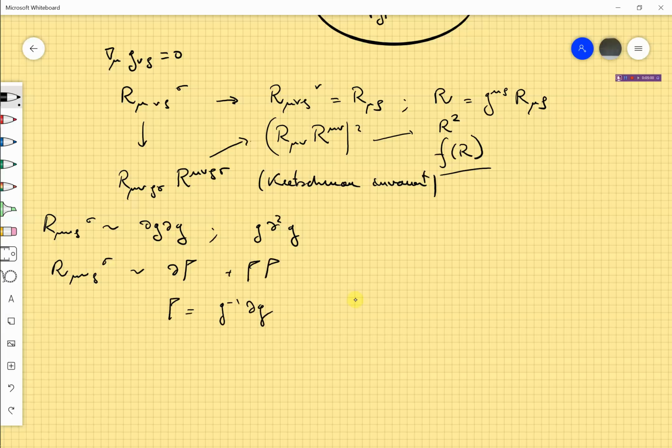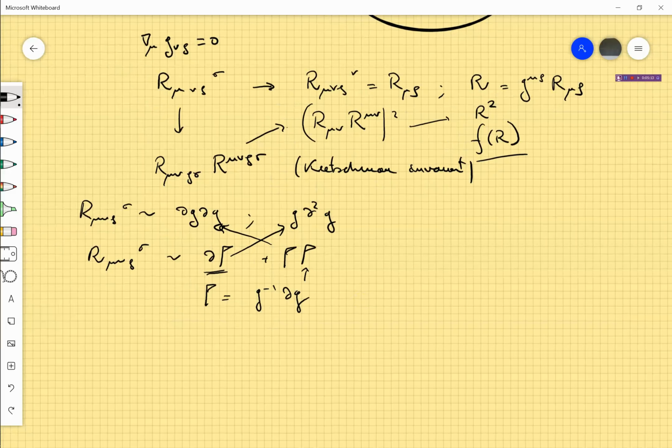So if you have two of these, you get terms with dg like this, and if you have something like this, then you get terms of this form. So both of them are contained in the Riemann tensor and are contained also in R mu nu.